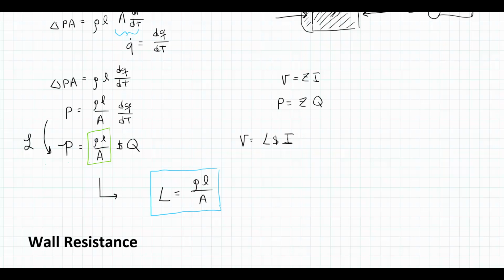Now, the definition of large is nebulous. What is a large cross-sectional area? Well, it depends on the system that we're looking at. But in large-scale pipe systems, we will typically ignore the inertia of the fluid because A is going to be relatively large, so L is going to be small.